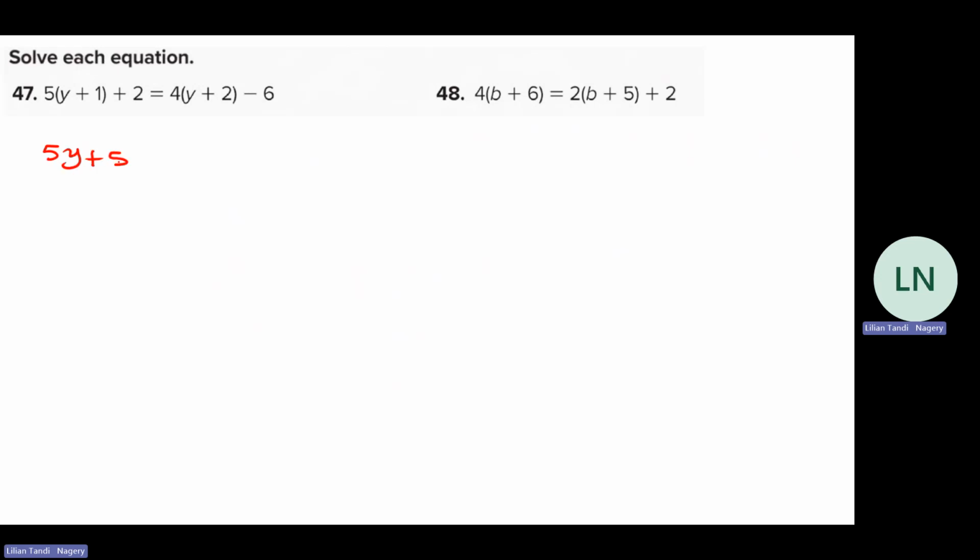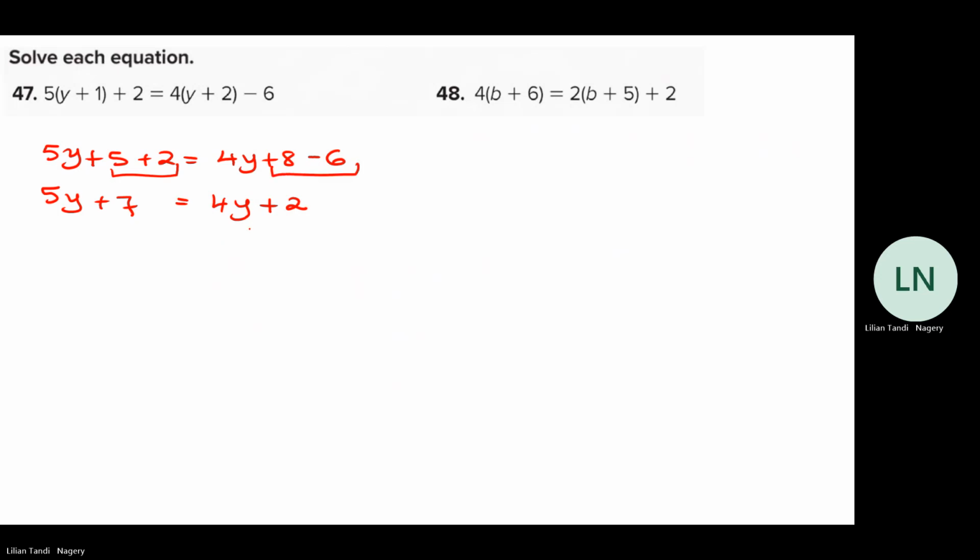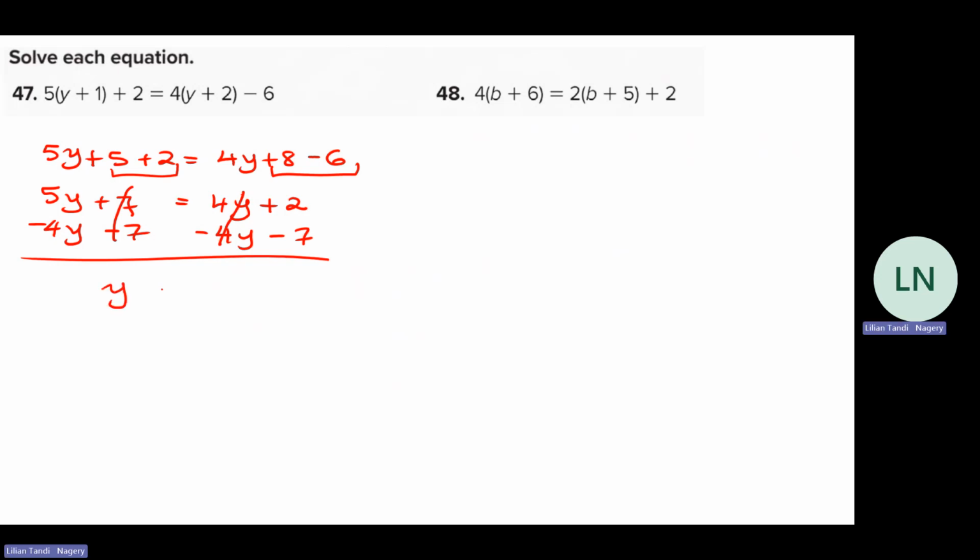5y plus 5 plus 2. 4y plus 8 minus 6. 5y plus 7 equals 4y plus 2, minus 4y, minus 4y, minus 7, minus 7. 0, 0. 5 minus 4 is 1.